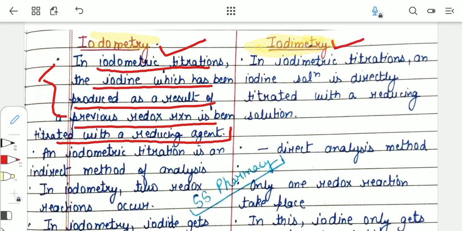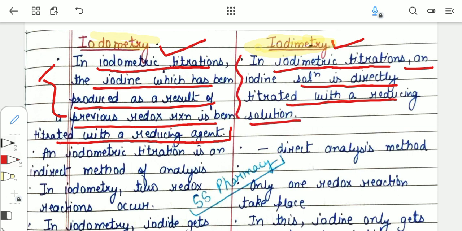So I will recommend you to firstly go and check out those videos for iodometry and iodimetric titration, because if you know what exactly is happening in these titrations, then only you will be able to understand their difference. Okay, so in iodimetric titration, on the other hand, an iodine solution is directly titrated with the reducing solution. These both are a kind of principle only for these two titrations. Okay, so I will not go in detail because I've already explained how the different reactions take place. So you can go and check out those videos.